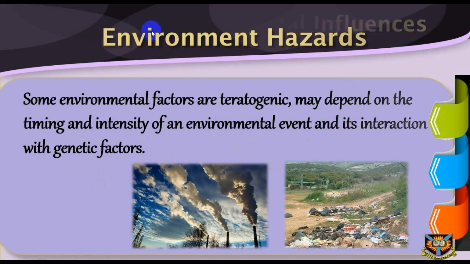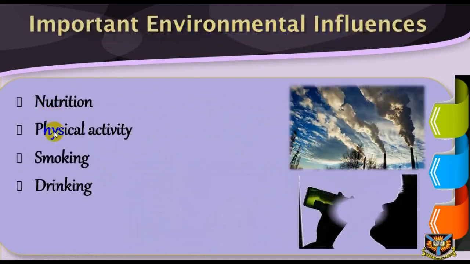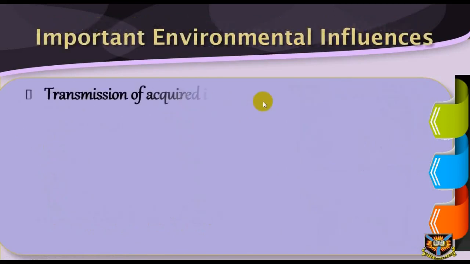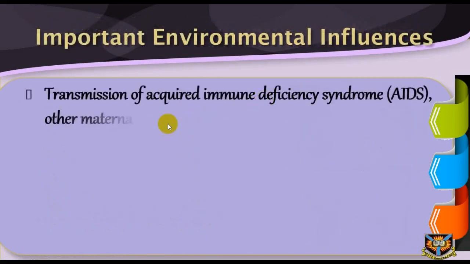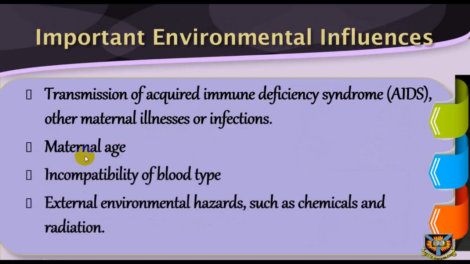Important environmental influences involving the mother include nutrition, physical activity, smoking, drinking, intake of other legal or illegal drugs, transmission of acquired immune deficiency syndrome, AIDS, or maternal illnesses or infections, maternal age, incompatibility of blood type, and external environmental hazards such as chemicals and radiations.